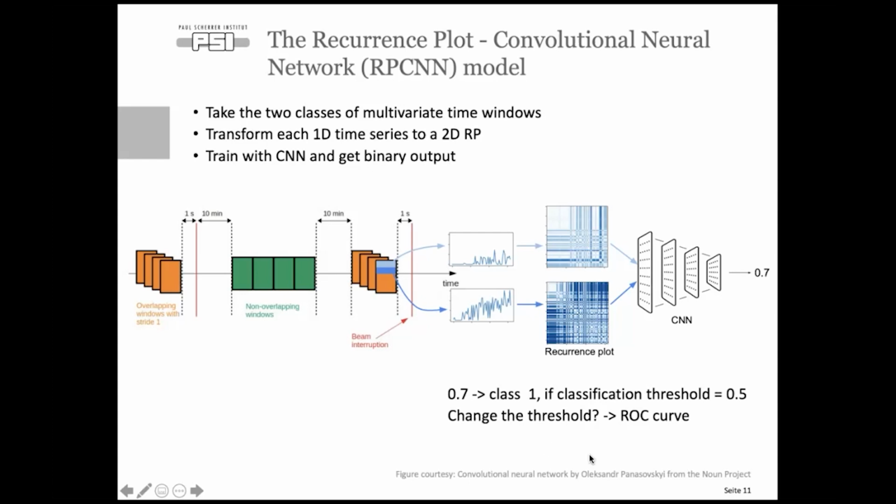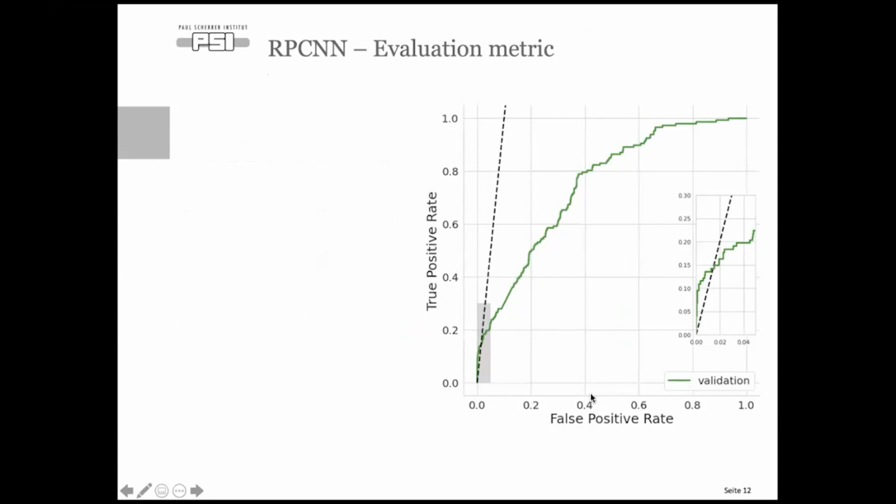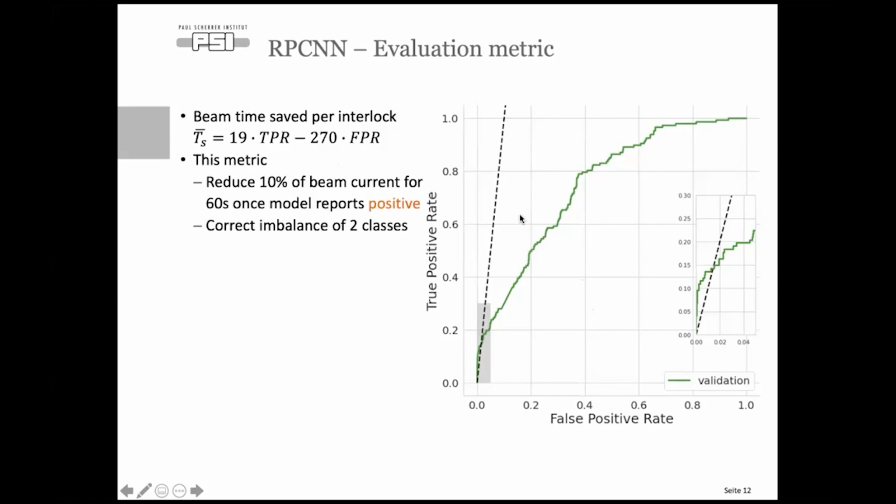By changing the threshold and looking at the output, we get the so-called receiver operating characteristic curve, the ROC curve. This is a curve for a binary classification problem, where we plot the true positive rate against the false positive rate. In analyzing our results, we also defined a custom metric called beam time saved per interlock, which I will explain in a second.